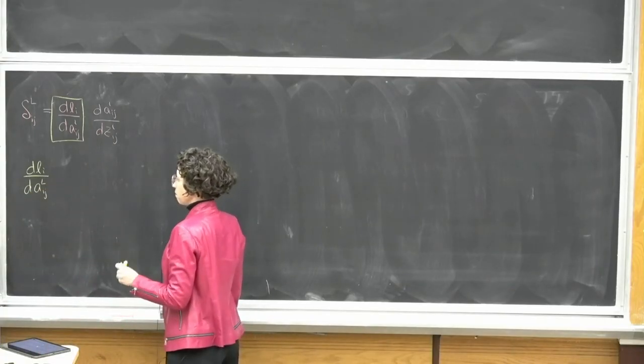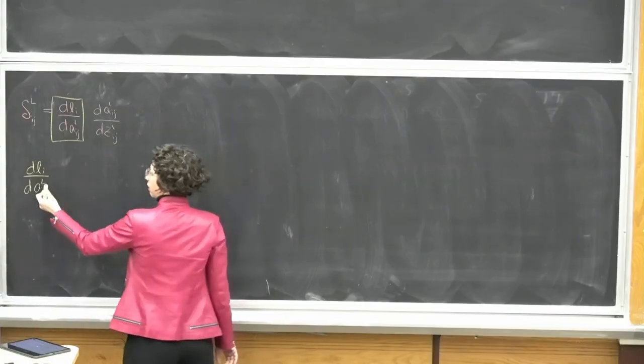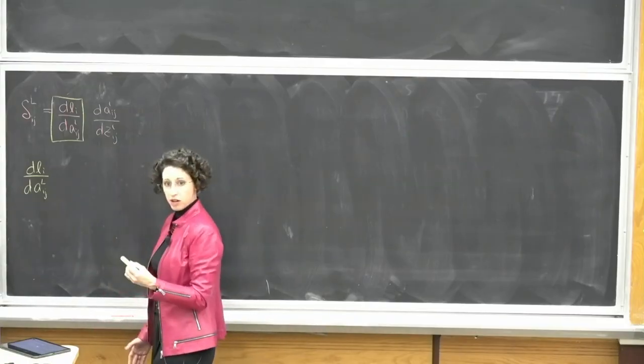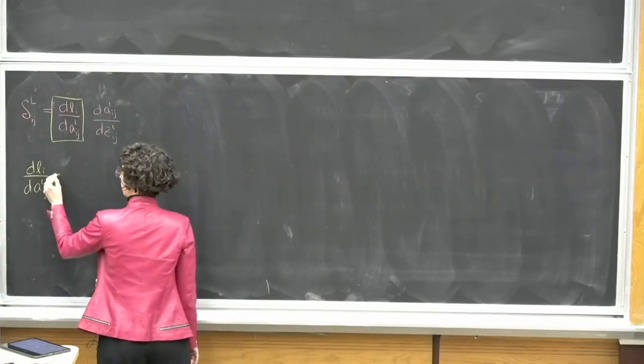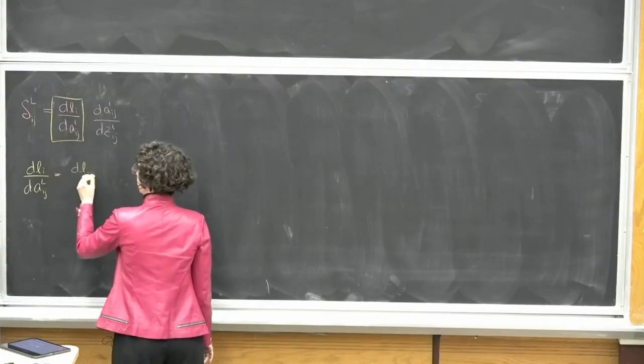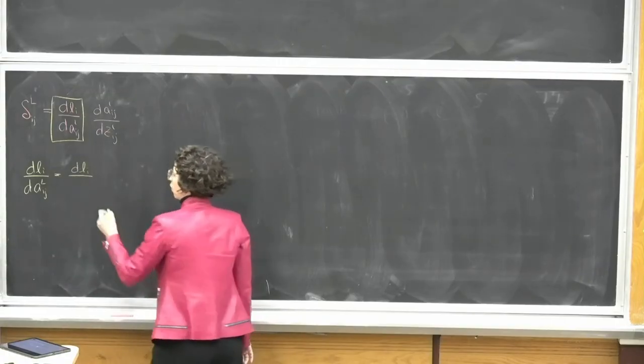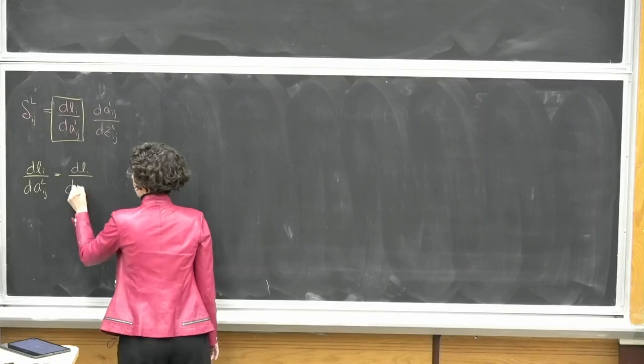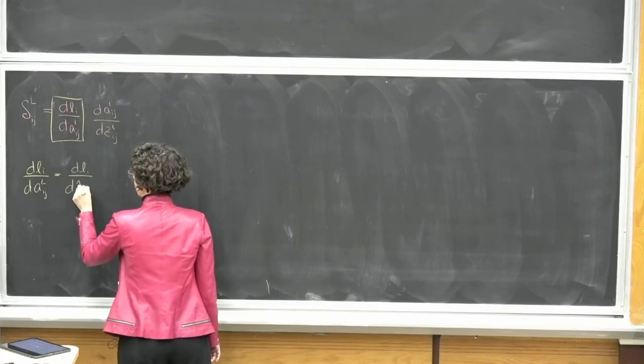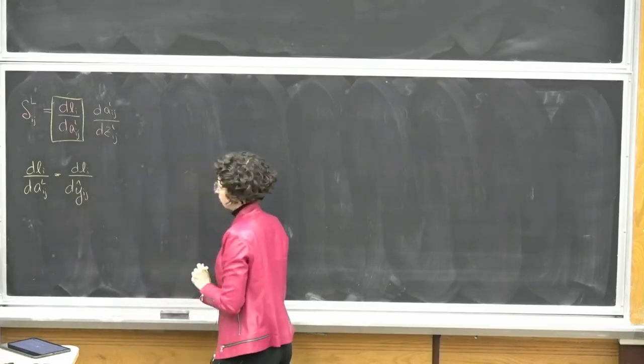But remember that a^L corresponds to our predicted output. So this is the derivative of the loss with respect to y hat_i at the jth output.